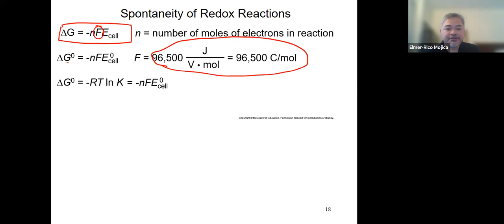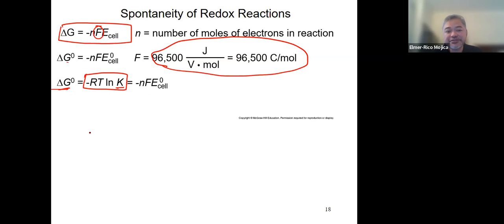Okay. Now, in the previous chapter, you know that delta G also has an equation, wherein there's a negative RT times ln of K. So you relate your Gibbs free energy with the K value.